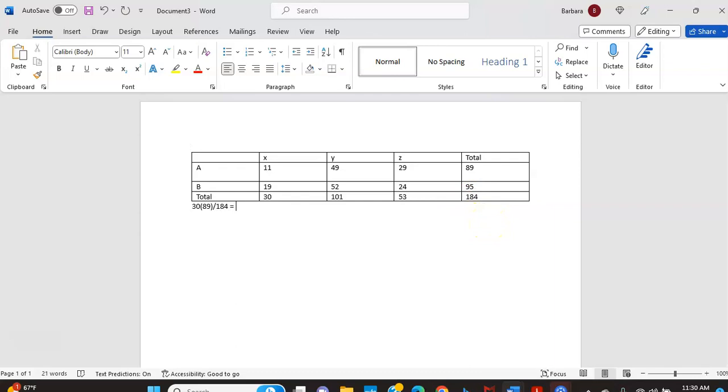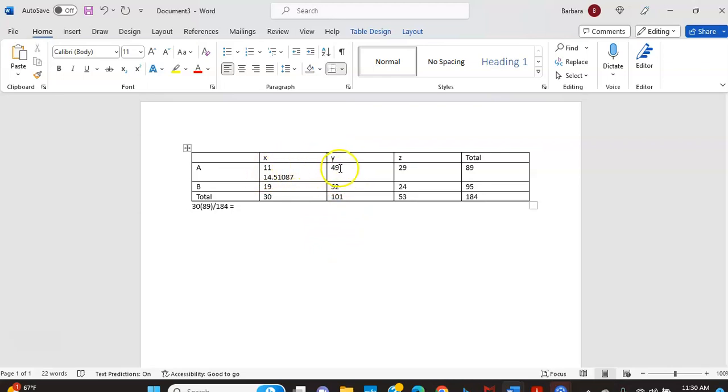If I do that, 30 times 89 divided by 184, I get 14.51087. Now, I don't know what it said to round these expected values to, but we can do that when we go back.